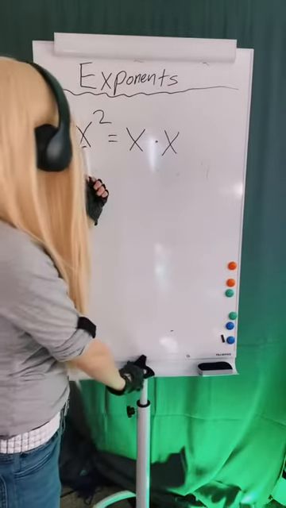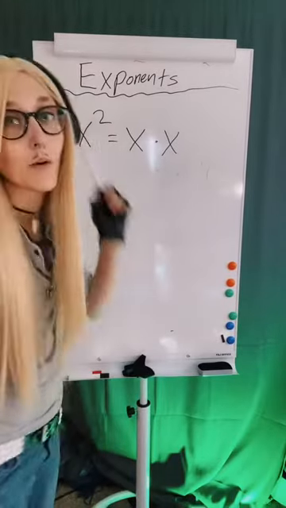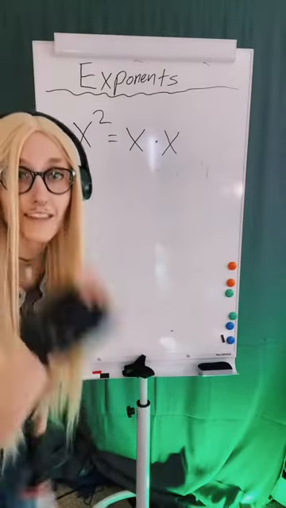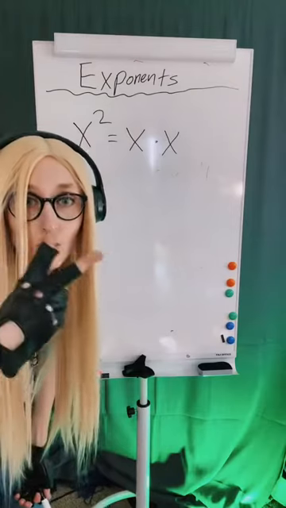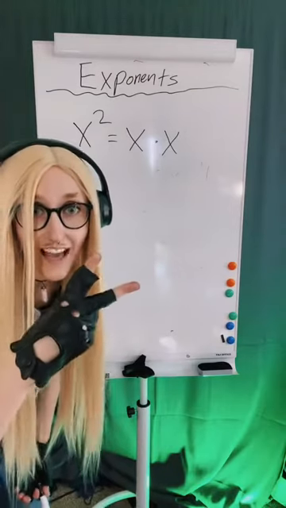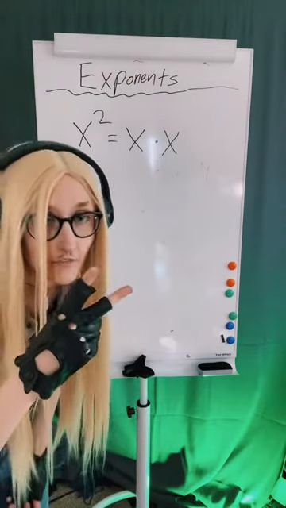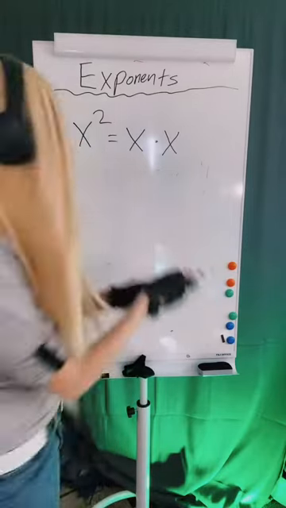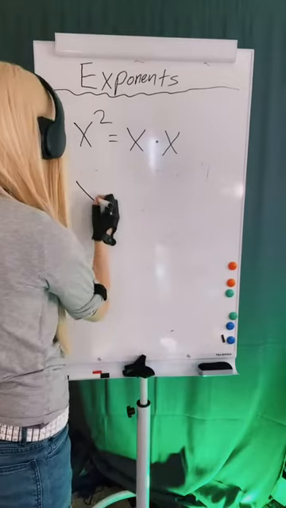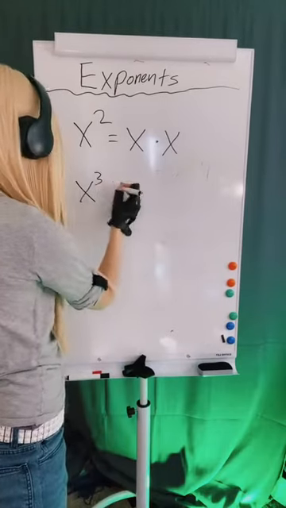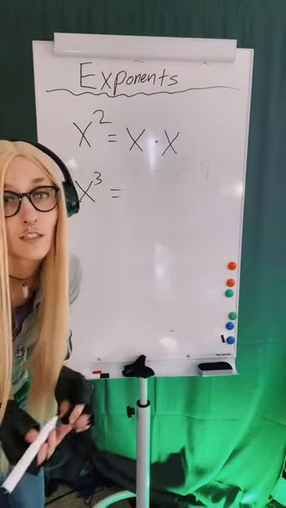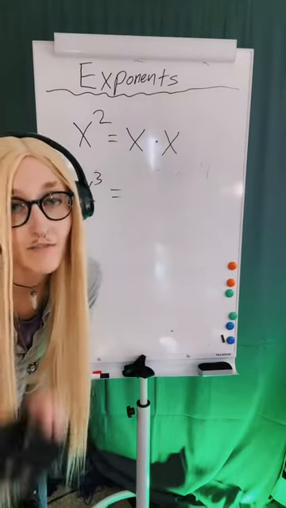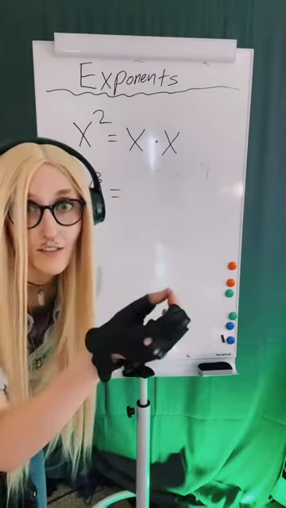So this is really saying, if I have this exponent, it's saying this variable times itself that many times. I have two, count them, 2 x's. All right, what if I said I had x to the third? Well, that's really saying that I have x times x times x.